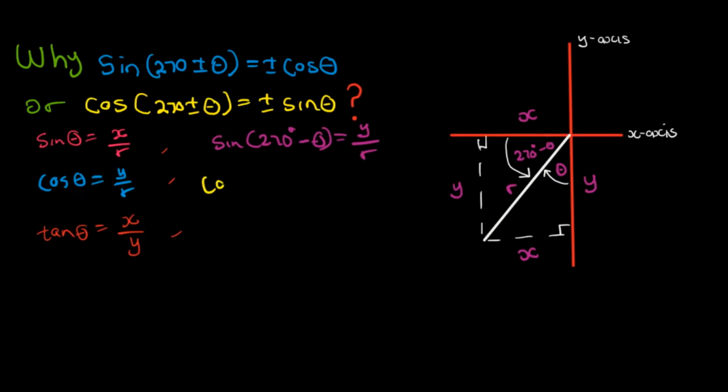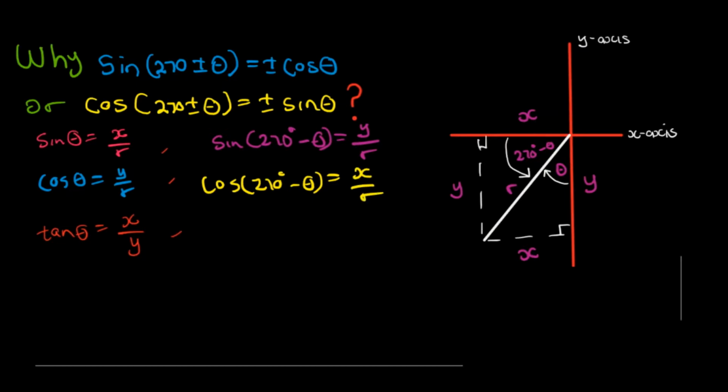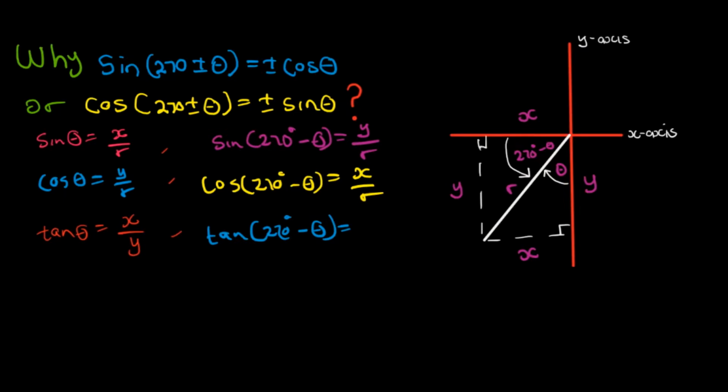Then you want to identify cos of 270 degrees minus theta, which is the adjacent side of the angle, x, over the hypotenuse, r. Then we identify tan of 270 degrees minus theta, which is the opposite side, y, over the adjacent side, x.